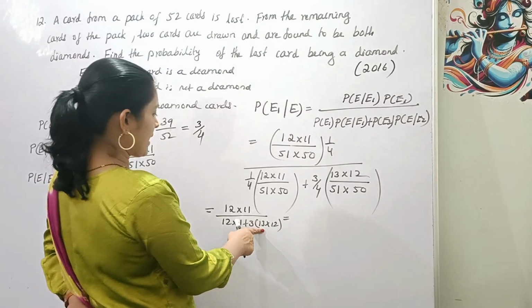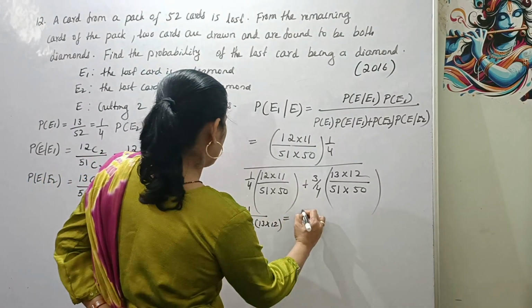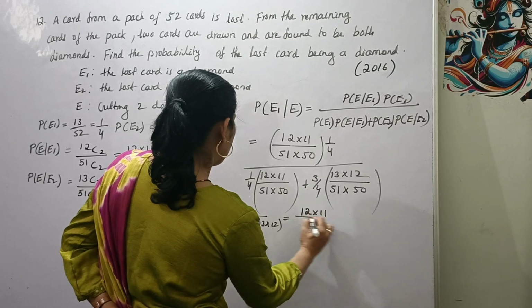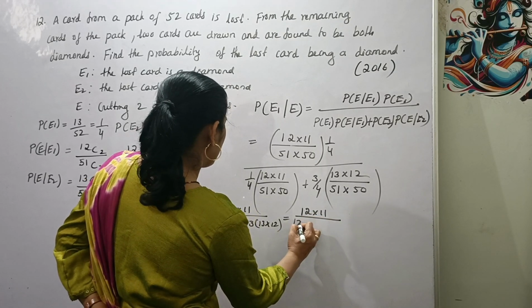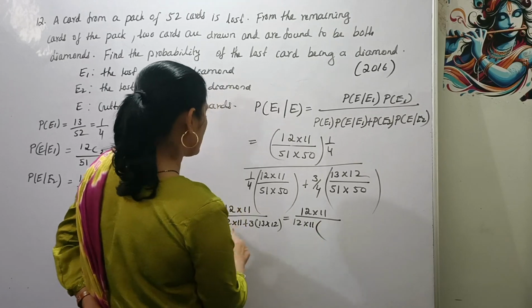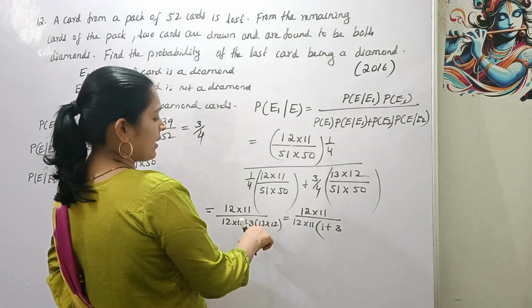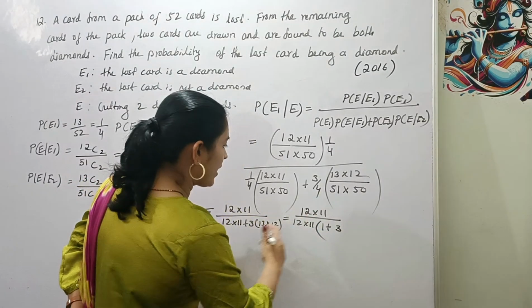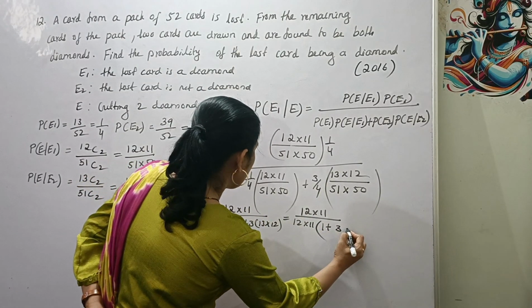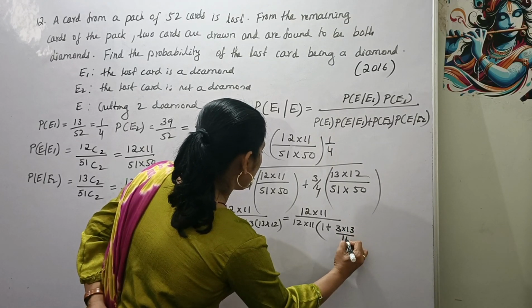see here we can write this as 12 into 11 divided by, we can take 12 into 11 outside. So 1 plus 3 into, here 12 into 11, right? So we have taken 11 outside. So it will be 3 into 13 divided by 11.